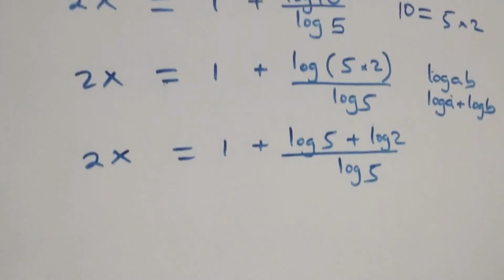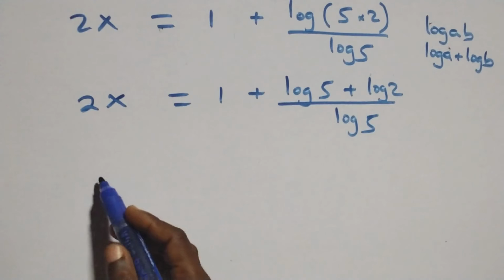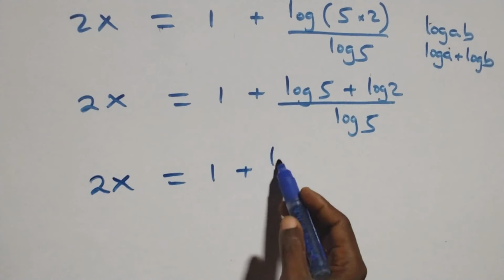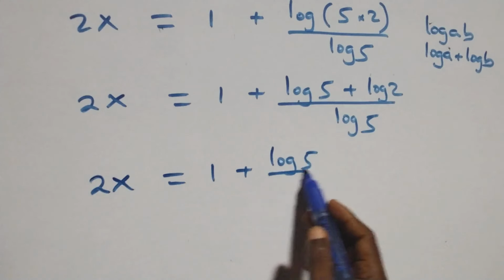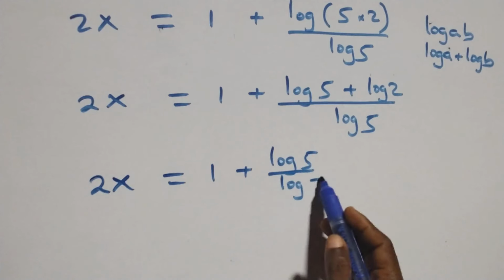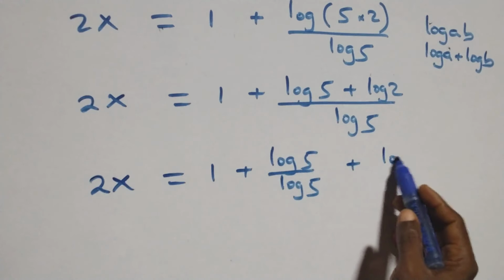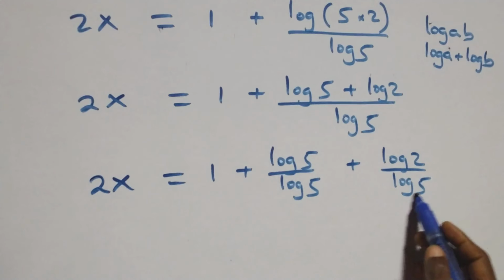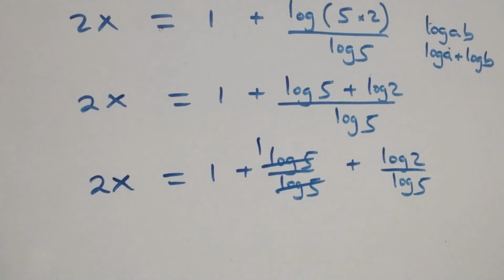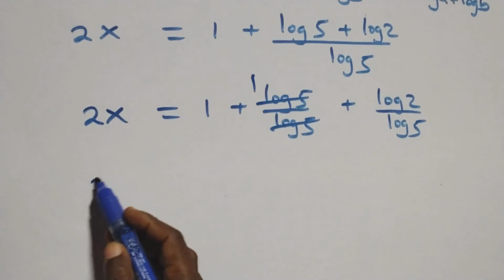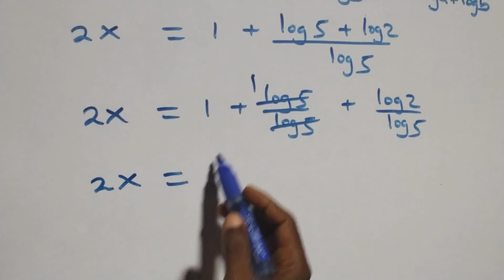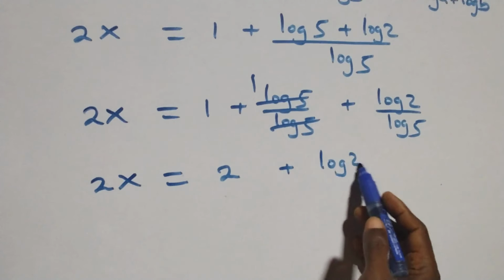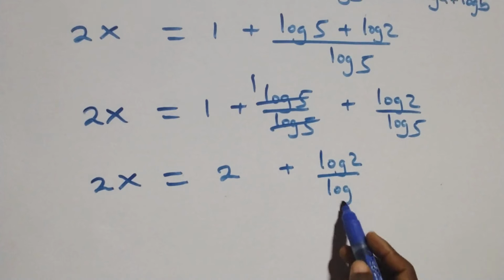Then we separate this into two fractions. We have 2x equals 1 plus log 5 over log 5 plus log 2 over log 5. And here log 5 cancel each other, 1 left here, and this becomes 2x equals 1 plus 1, that's 2, then plus log 2 over log 5.